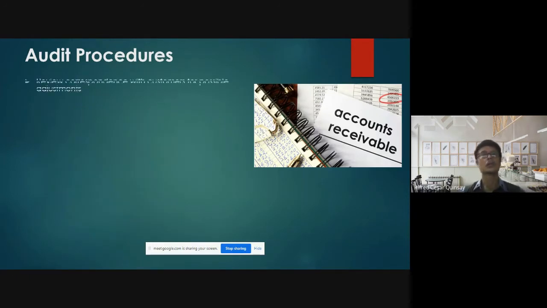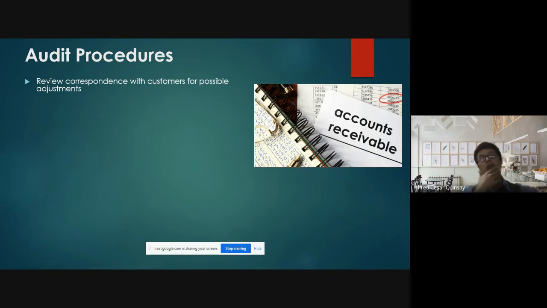Moving forward, review correspondence with customers for possible adjustments. Sometimes the customer, of course, is the one who will pay. If their receivables are large, it's more likely that they will complain than if their receivables are correct or smaller.